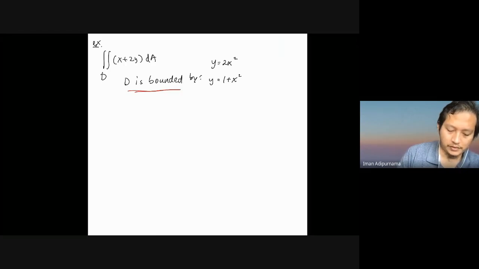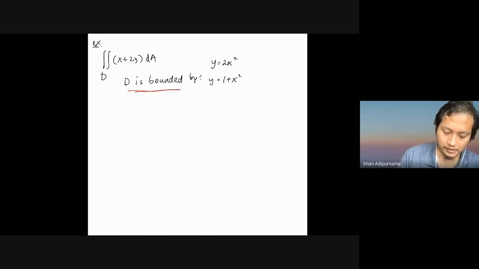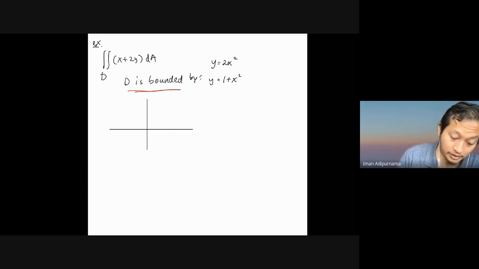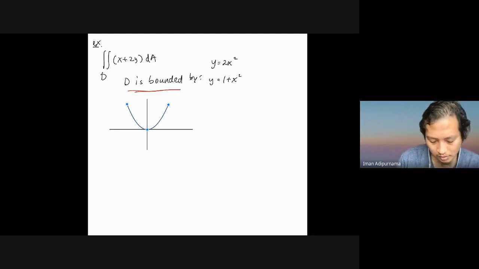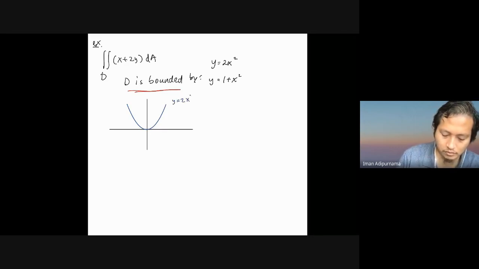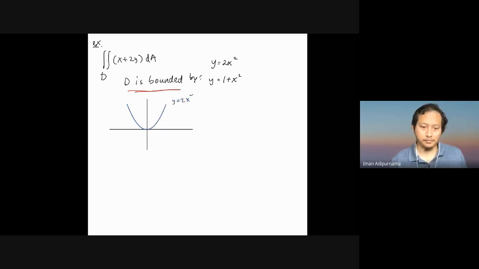So basically, first, it's important to have a drawing. For most of the cases, it will help you to think. Okay, let's say that is maybe y equal to x squared. And the other one may be around here.